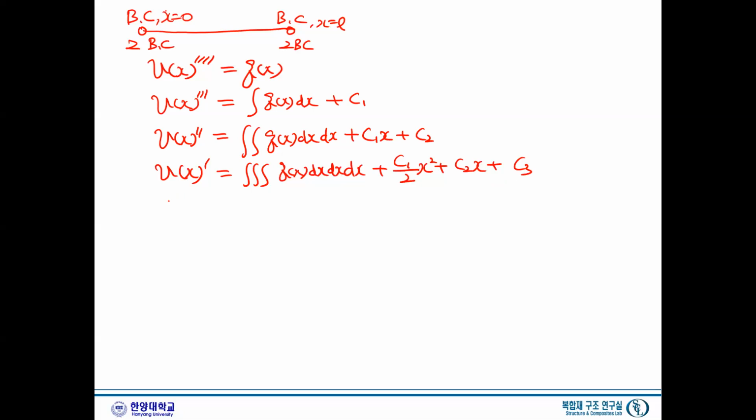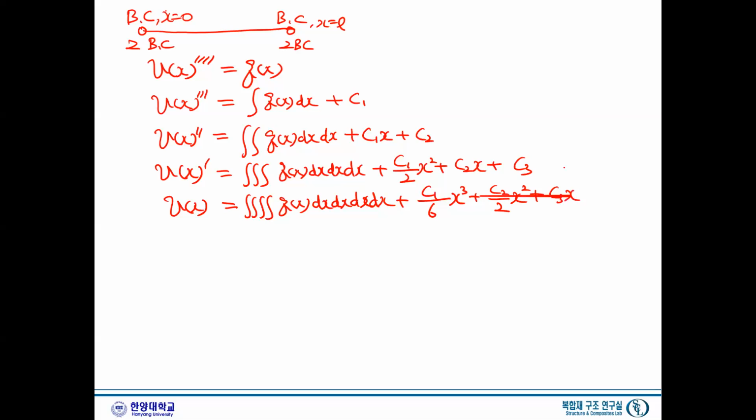Just one last step, integrate one more time. We finally get V(x), and we integrate four times of q(x), dx, dx, dx, dx, plus 1/6 C1 x^3 plus 1/2 C2 x^2 plus C3 x plus C4.